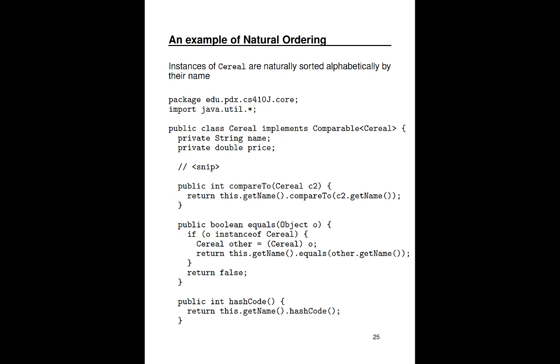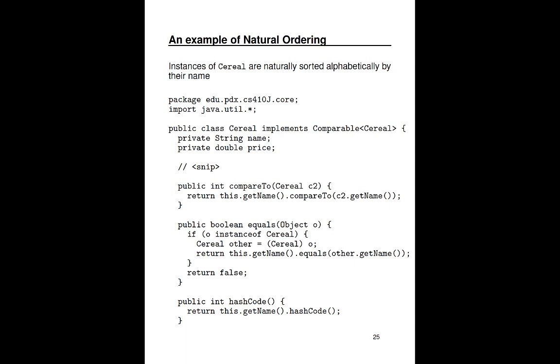What's really interesting in this class is the compareTo method. A cereal compares itself to another cereal, c2, by comparing its name. Really what we're doing is delegating the responsibility for comparing two cereals to their names. So the compareTo method simply returns how this cereal's name compares to the other cereal's name.